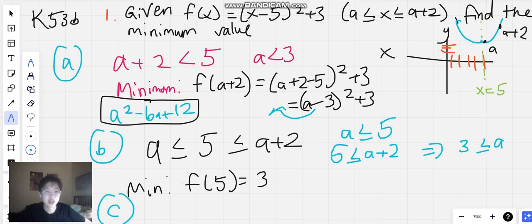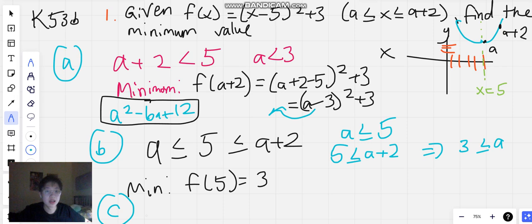And now we have to address a third case. So the third case is similar to the first one. So we know that as long as a and a plus 2 are on the right hand side of a vertex, we can generalize what the vertex is. We can say that because a plus 2 is always going to be higher than a, or f of a plus 2 is going to be higher than f of a, as long as a is past x is equal to 5.